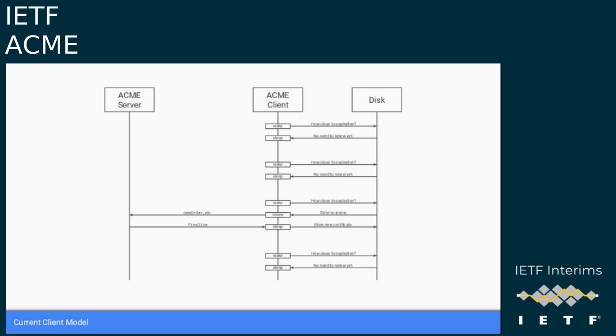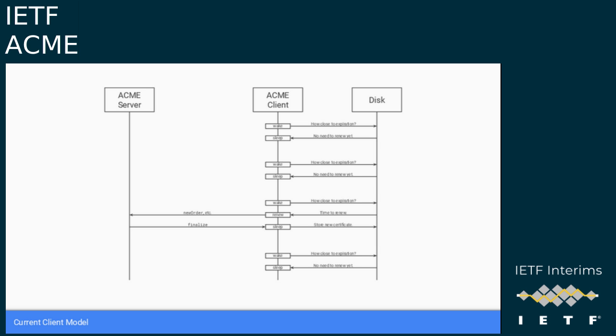There's a variety of things here, but basically it's wake up, check the certificate on disk, realize it doesn't need to be renewed yet, go back to sleep. Repeat again some period later, wake up, check the cert on disk, realize it doesn't need to be renewed, go to sleep.